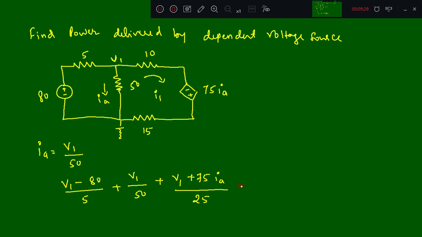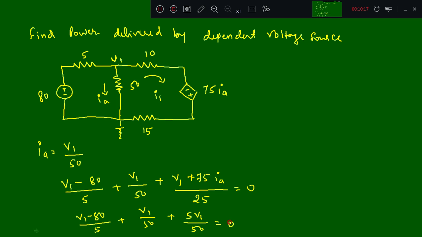If you substitute IA equal to V1 divided by 50, it reduces to 5 into V1 divided by 50.